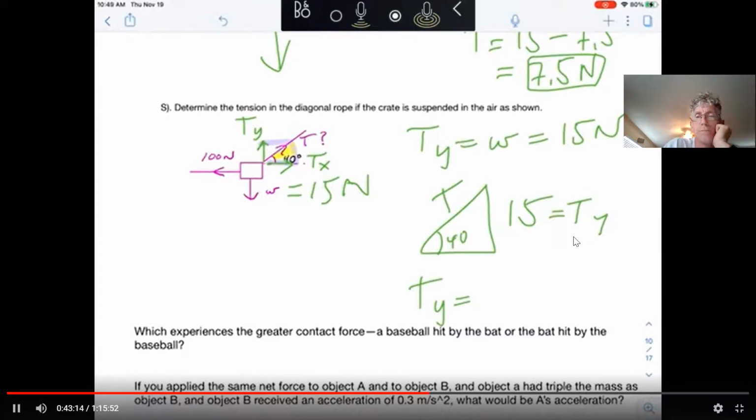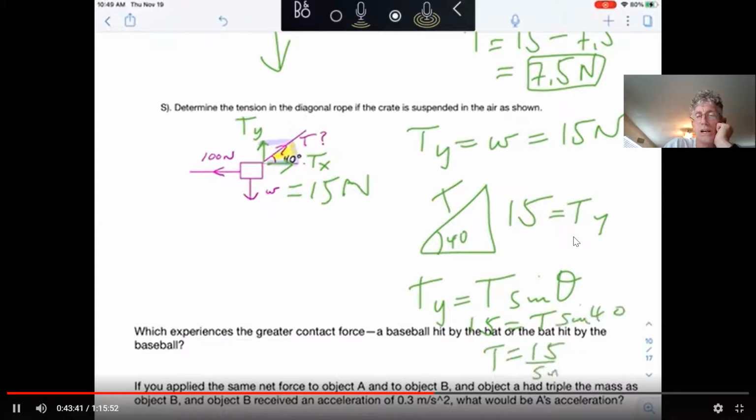Okay, so we find that 15 is Ty. T, I don't know, that's what I'm trying to find, times sine of 40.